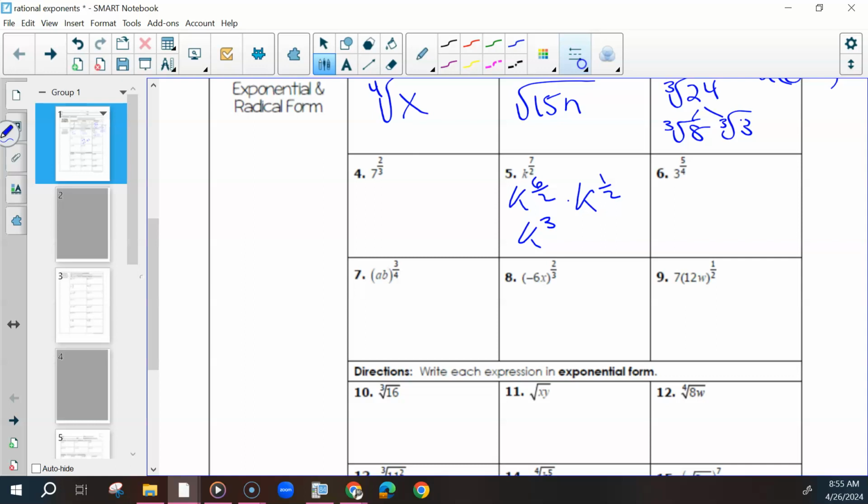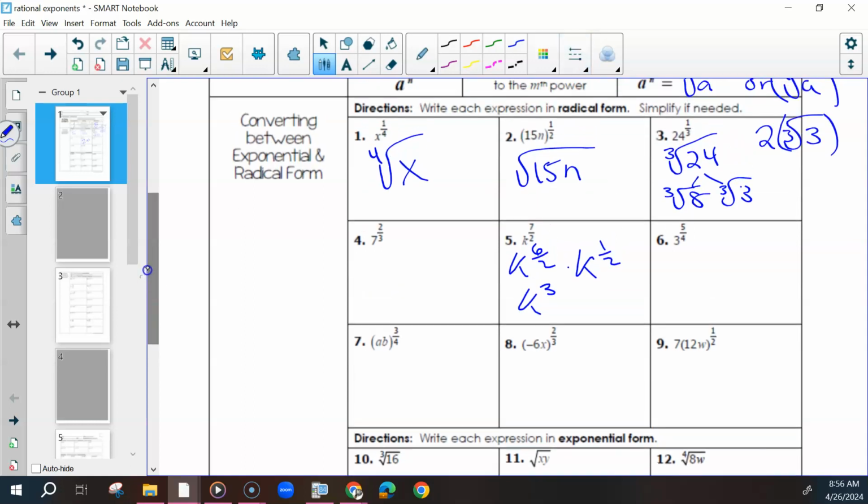We'll get number 2 because it had the same fraction. That's going to be your same index, your same radical. What would this radical be? Based on this one, it would be the same. What was this one? What type of root was it?